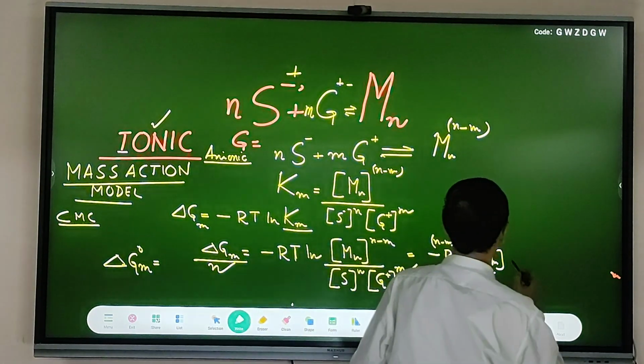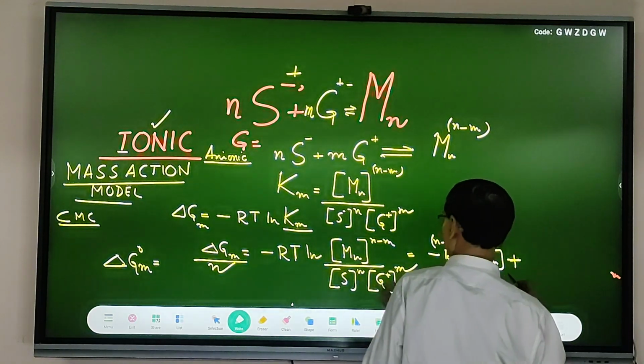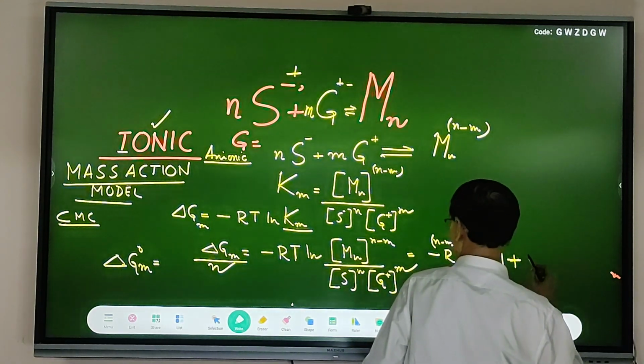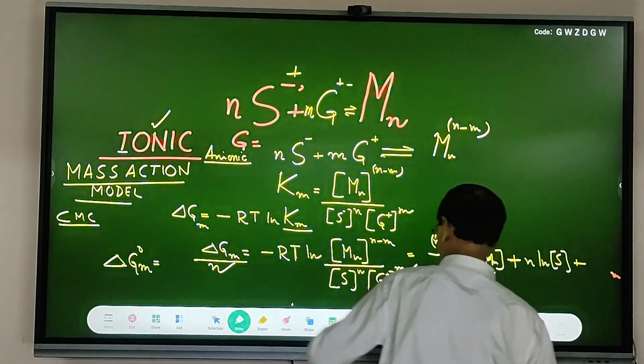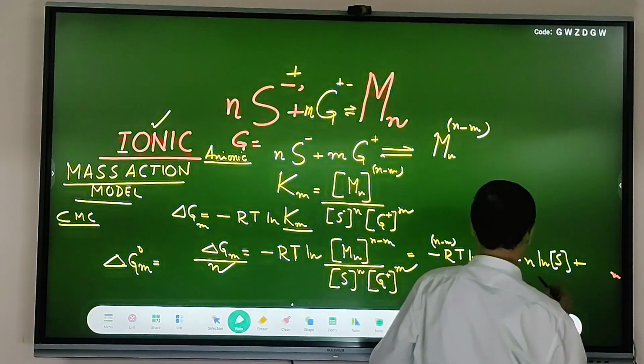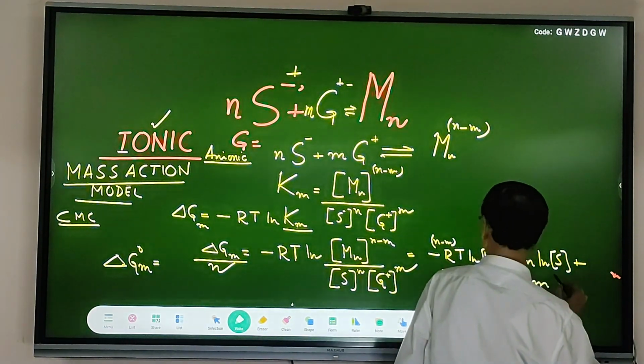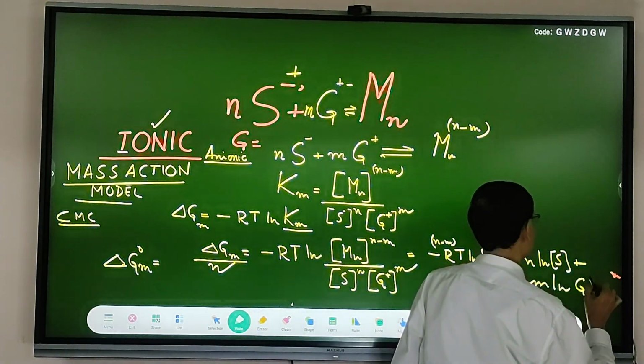Again, here it is also minus, so I can write plus N natural log of S. Again plus, because here it is minus, M natural log of G.